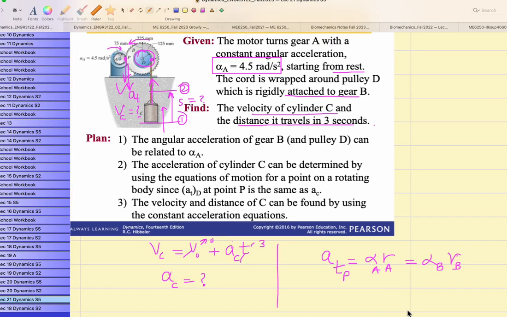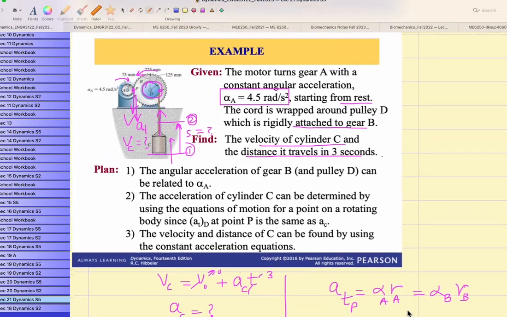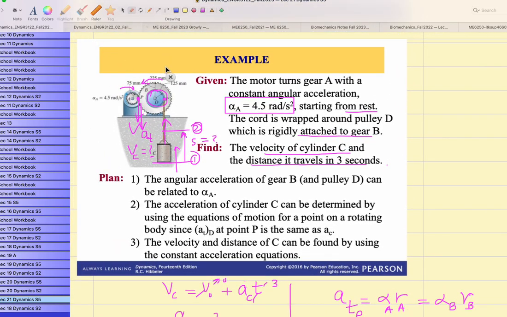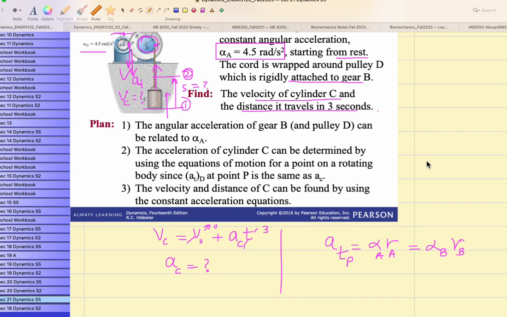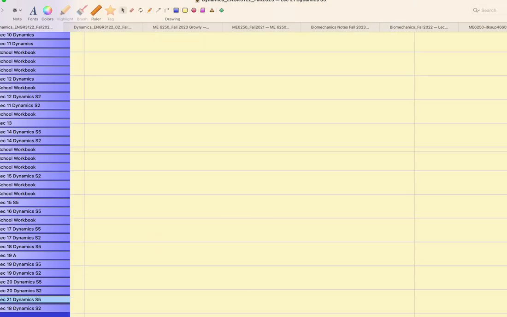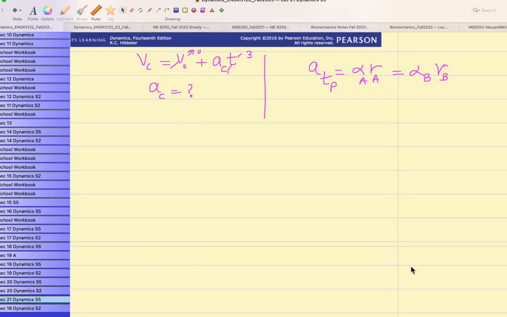We have been given some information: the radius of gear B, the radius of gear A, and the angular acceleration of gear A. So let me complete this equation.